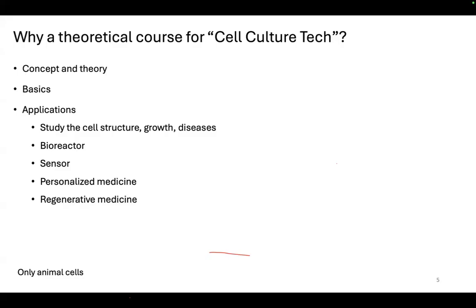Two terms, personalized medicine and regenerative medicine. I think personalized was not actively talked about in the lecture, but we'll just come to it. Personalized medicine means, I'll give you a very brief example. There are medicines available for a lot of diseases. But do you know how these medicines or treatments work?